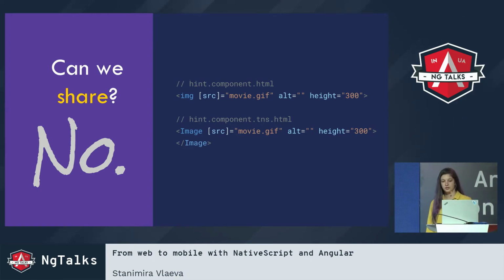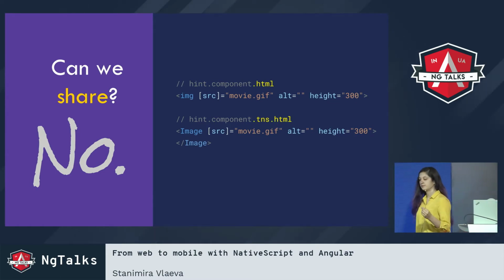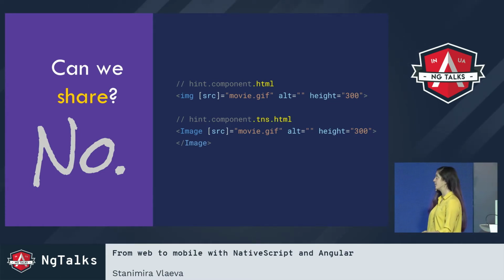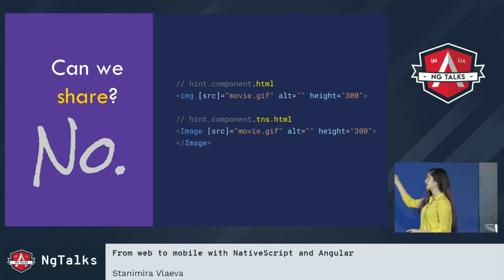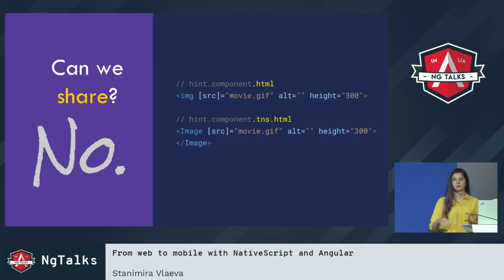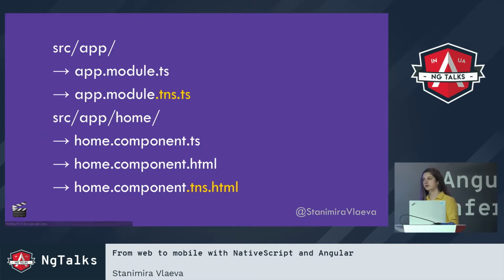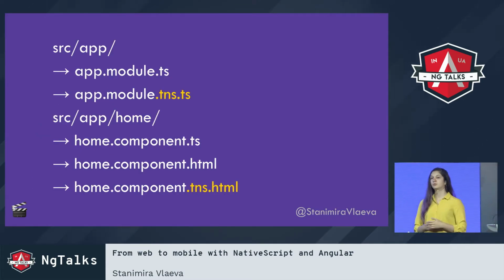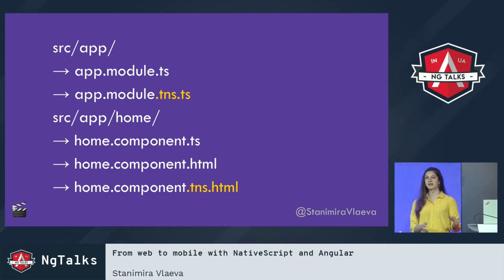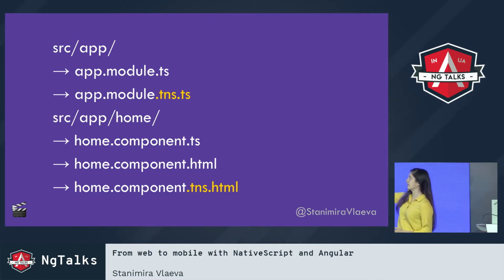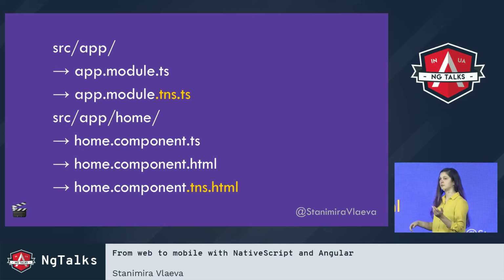So here's the thing you should notice. The web markup file ends in .html, and the NativeScript markup file ends in .tns.html. So our whole code sharing build system works based on that. If you want to have a mobile file that you want to use instead of a web file, you have to create another file next to the web file and call it .tns.something, right?